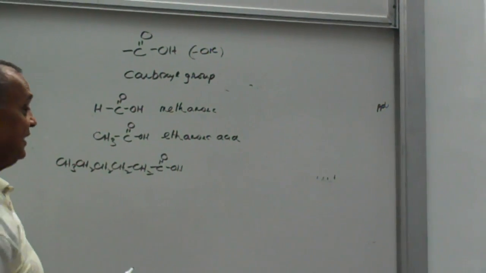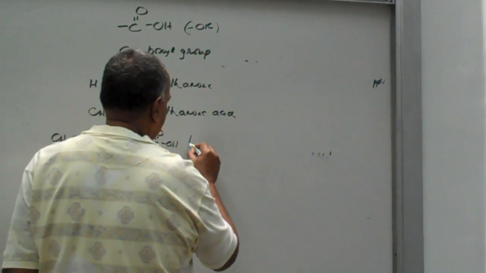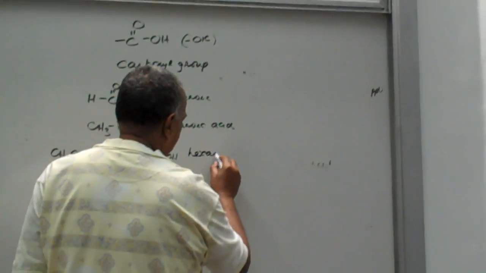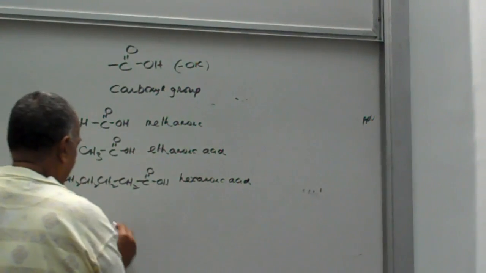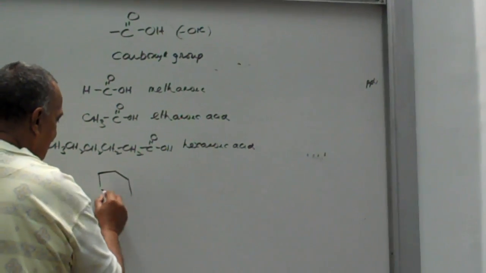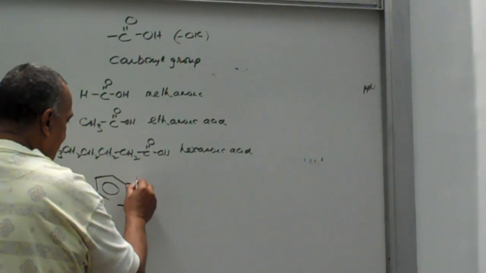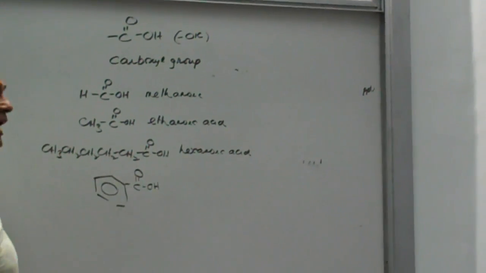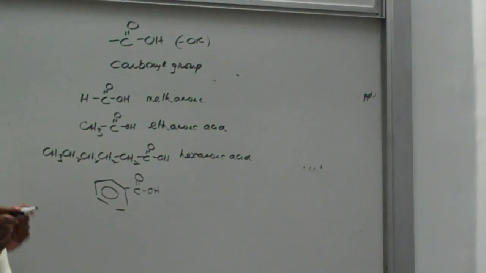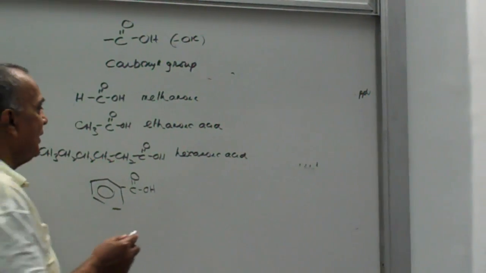Hexane, knock off the E, hexanoic acid. And if we add this, the parent hydrocarbon is benzene. We knock off the E, it's benzoic acid.